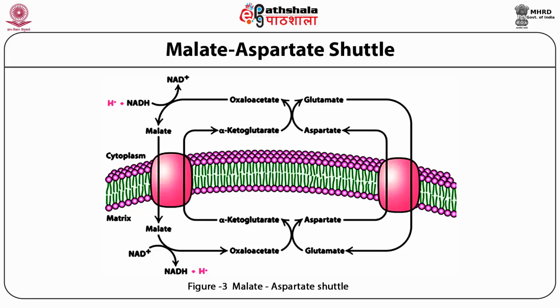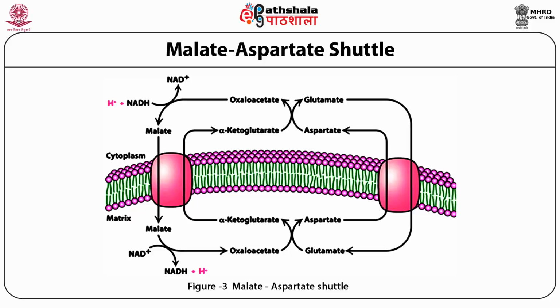First, in the cytosol, malate dehydrogenase catalyzes the reaction of oxaloacetate and NADH to produce malate and NAD+. Once malate is formed, the first antiporter, that is malate alpha-ketoglutarate, imports the malate from the cytosol into the mitochondrial matrix and simultaneously exports alpha-ketoglutarate from the matrix into the cytosol.